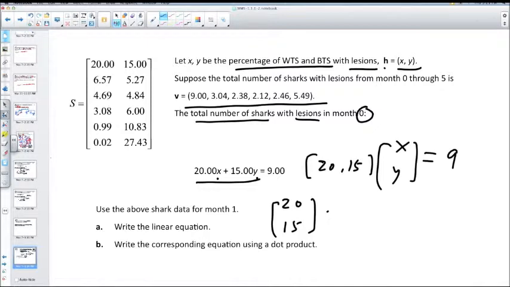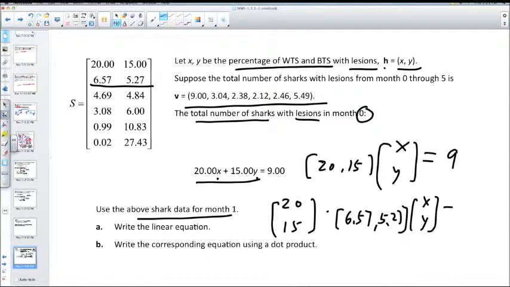And if I need to look at the second month, you get another equation. It's 6.57, 527 times x, y. What is the number? Let's say we got total 3.